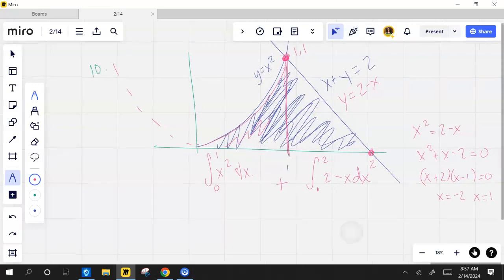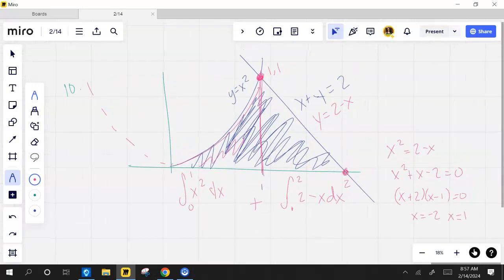But if I did it with respect to y, my equations change, yes? This equation is, and this equation is, so I'm going to do right minus left.